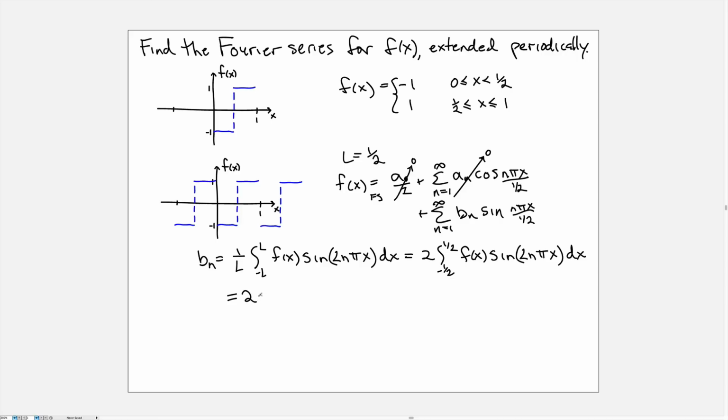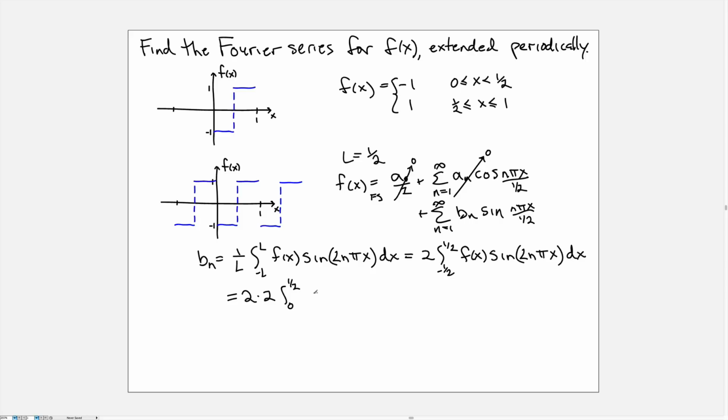So I can take the 2 that's there already and multiply by another 2 and now just integrate from 0 to half, because the integral from minus a half to 0 would be the exact same value, so I just account for it with that 2. And this makes the calculation a little bit simpler. In particular, I don't even have to bother breaking up my integral into 2 different pieces because one of them is enough. It just goes from 0 to a half.